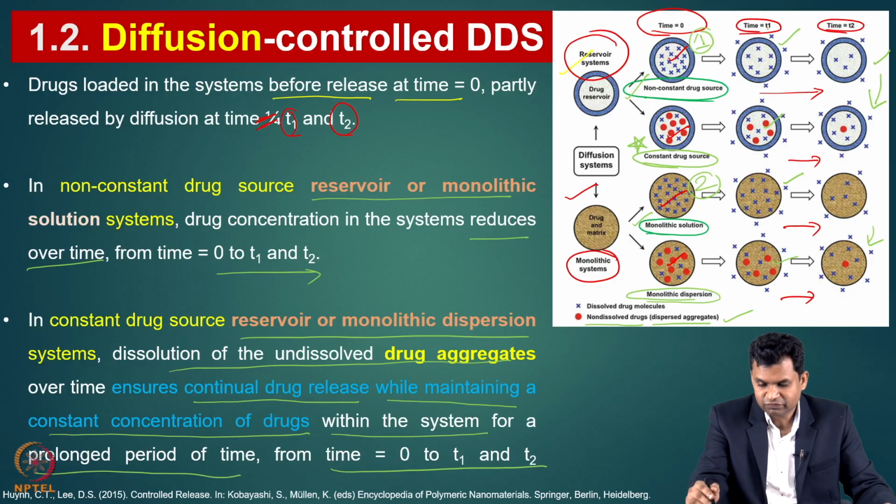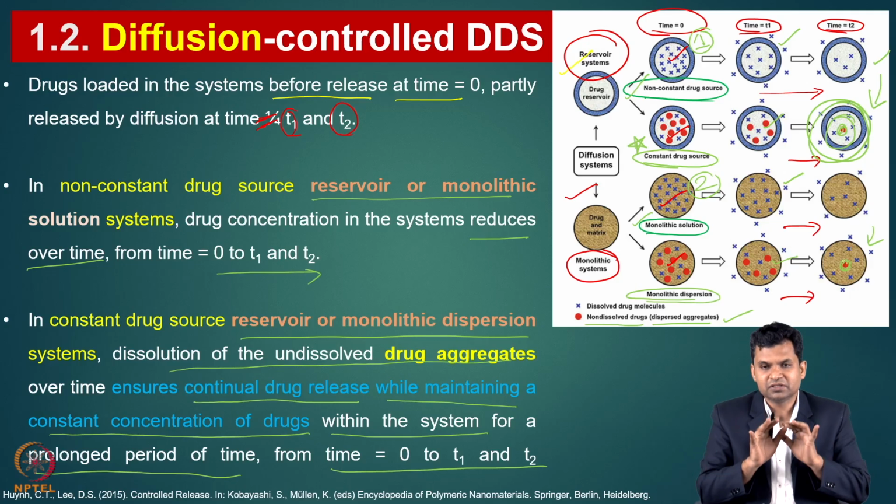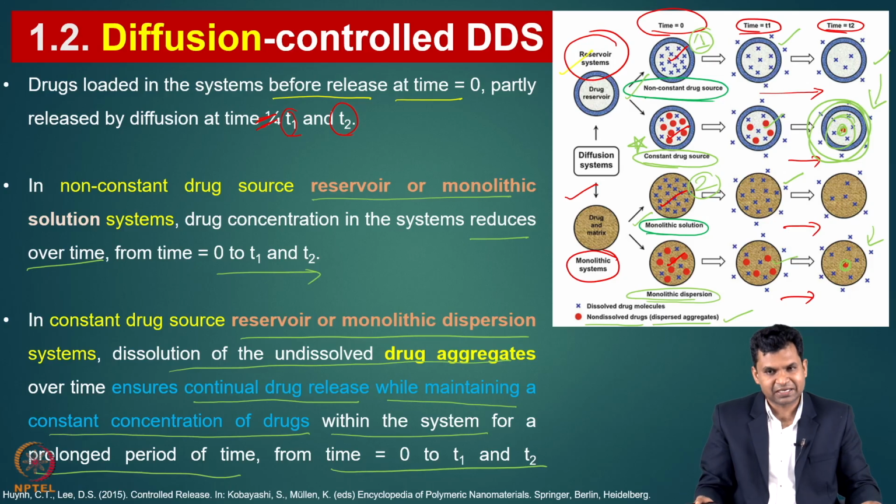Now if you see T1 and T2, you will see the maximum amount of the drug available in the system compared to this, which is already in aggregated form. That will help us for the continuous release through the diffusion controlled release mechanism.